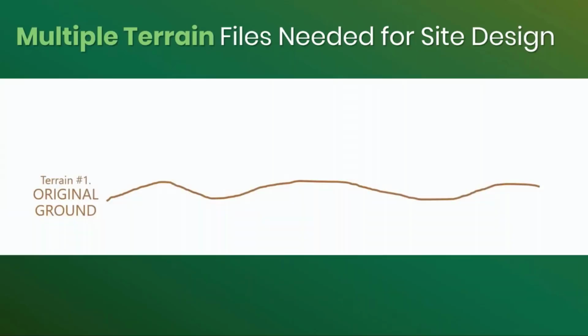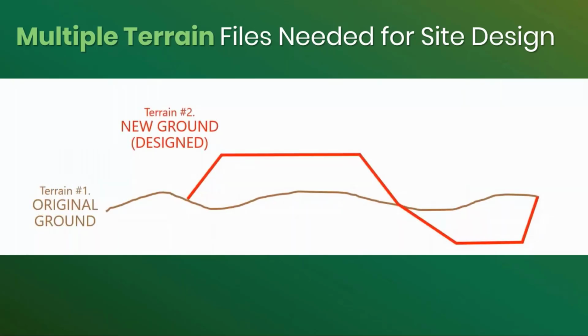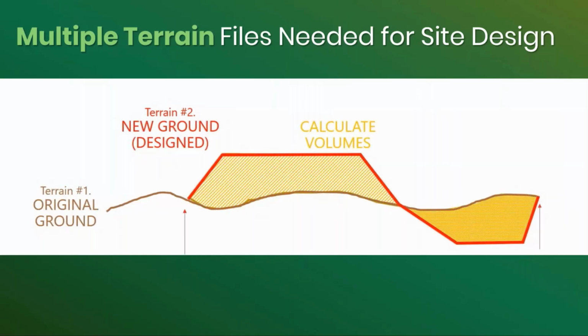So again, multiple terrain files are needed for site design, and here's a quick animation to help bring that to light. In terrain file number 1, we've got our original ground, and terrain number 2 is a totally separate terrain file with that original ground in the background. We create our design surface, and then from there, we're able to calculate volumes, which is obviously a really important part of site design.